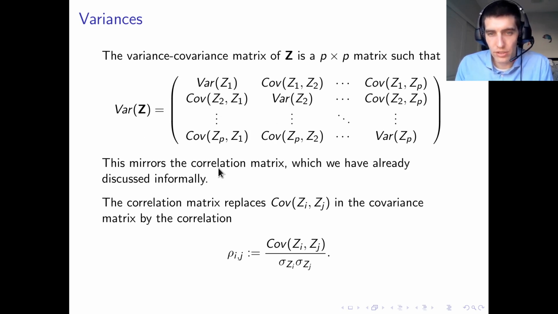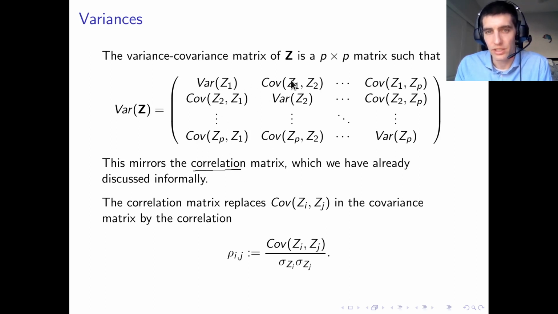The correlation matrix shows up in one of your homeworks, so you may have seen it informally, but the correlation matrix is very similar to the variance matrix, except that instead of pairwise covariances, we have pairwise correlations.